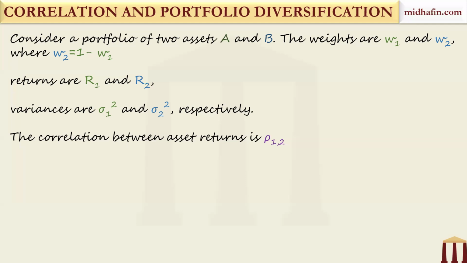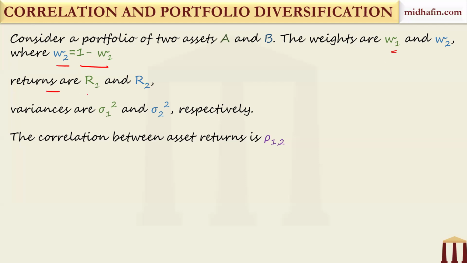Okay. So the idea is that if there are two assets A and B, only two assets, and you want to construct a portfolio, the portfolio is constructed in such a way that the weight of asset 1 in that portfolio is W1, and by default the weight of the second asset has to be 1 minus W1, which we are denoting as W2.